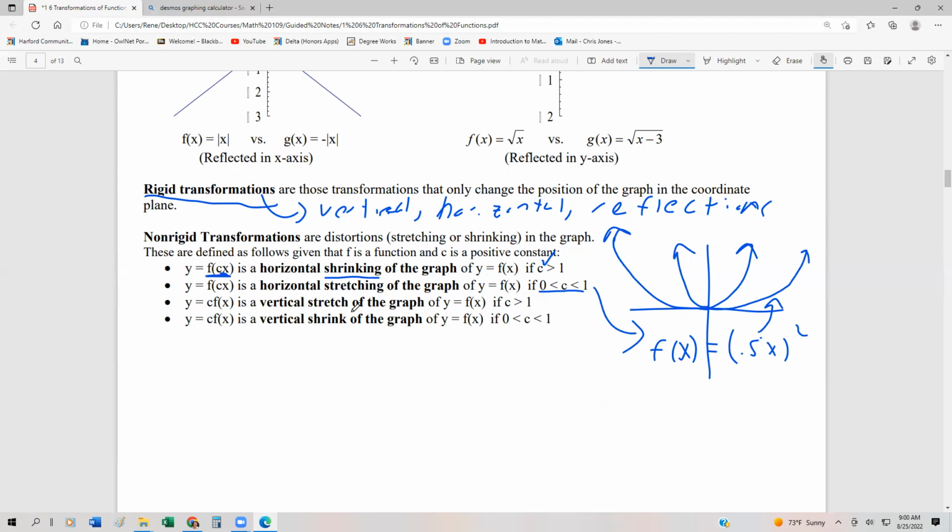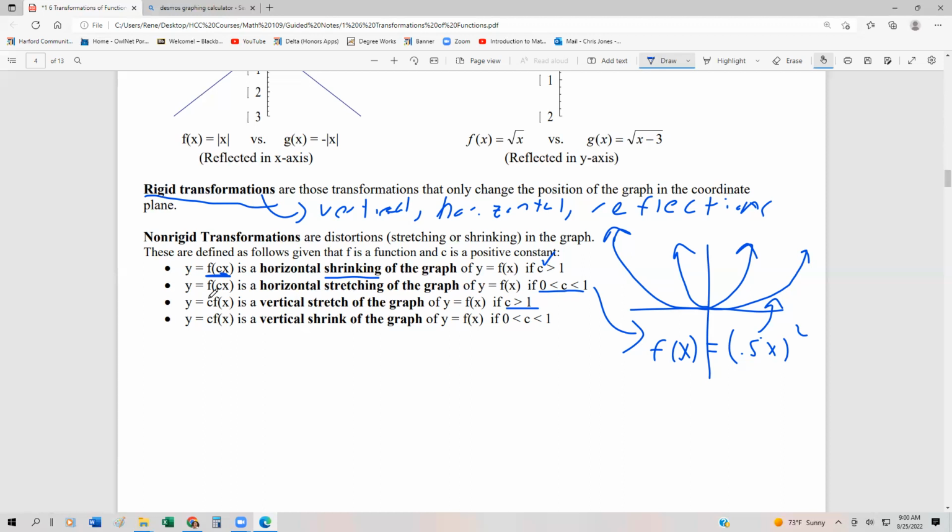Vertical stretch means it's just going to go up faster or go up slower. And so that's what these vertical stretches are on the outside of the function. A lot of times what we could do is just plot a few points to help us determine what's going on with this. So again, vertical stretch is going to be if the value c is on the outside of the function.